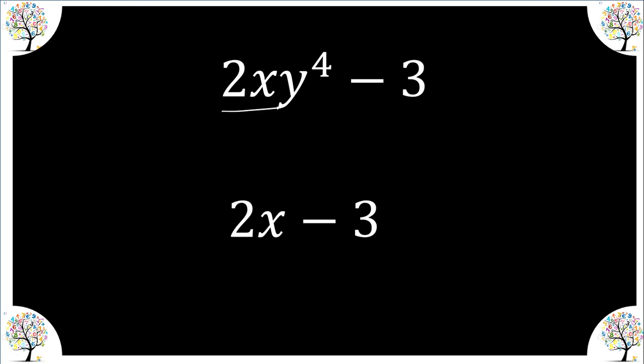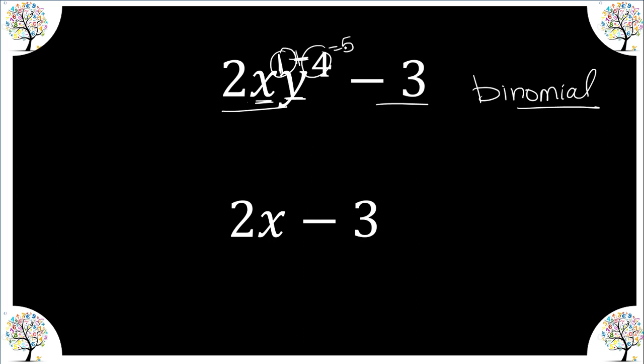In this example, we have two terms, so it is a binomial. Nomial means terms, but in this term, we have two variable factors. So what we have to do is combine their degrees to get a total of 5, but we don't call it a quintic. If we just had x to the 5th, that would be quintic.